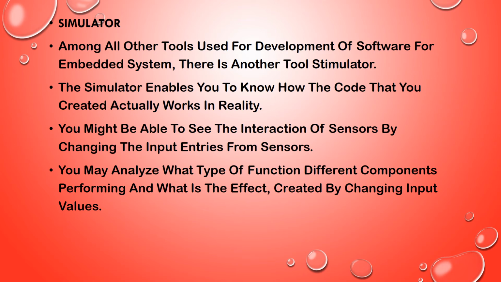This is what you always want to know: how exactly, when an input is given, what happens, in which manner, in which order. Then you might be able to see the interaction of sensors by changing the input entries. That is also a big advantage you will get, and you can see how it is working.